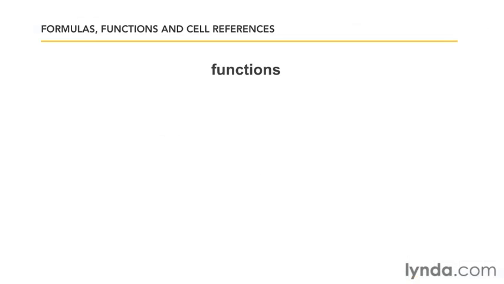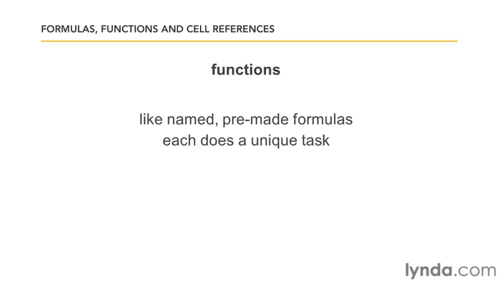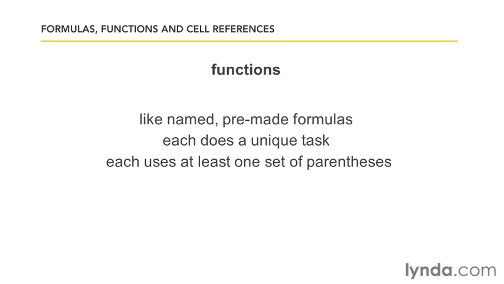Let's talk about functions here. There are over 300 functions, and don't worry, we're not going to go through every single one, but you should know that there are functions for so many different tasks: finance, statistics, engineering, physics, and so on. So functions are like pre-made named formulas. Each one has its own specific task, and they all use at least one set of parentheses.